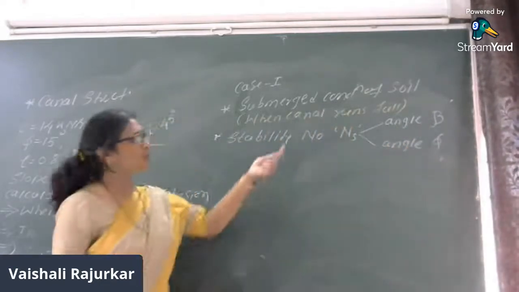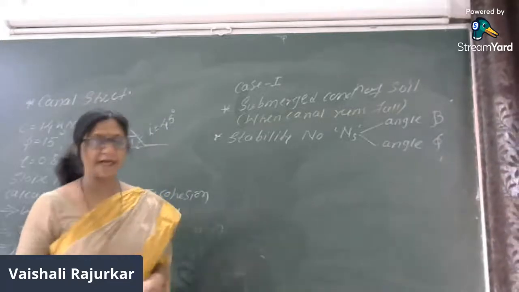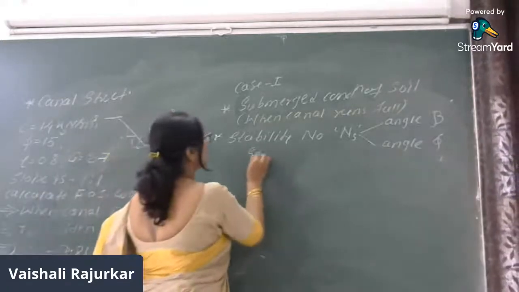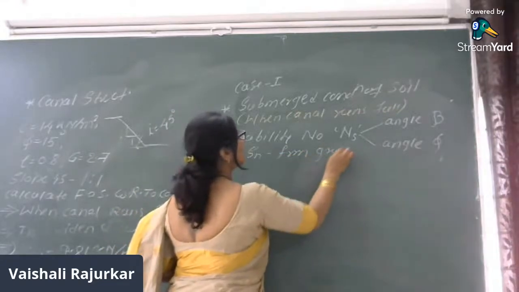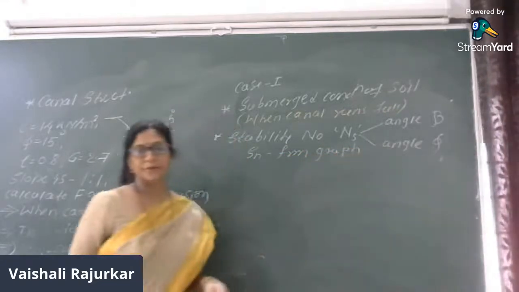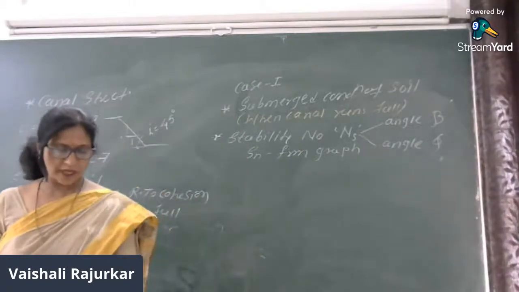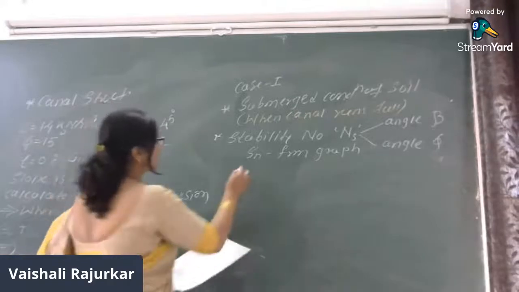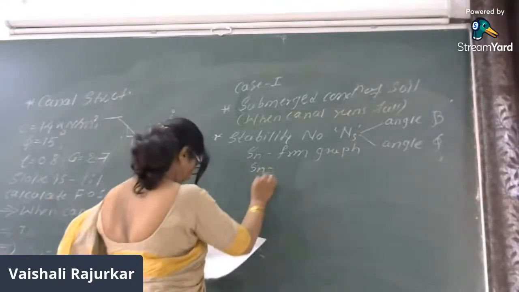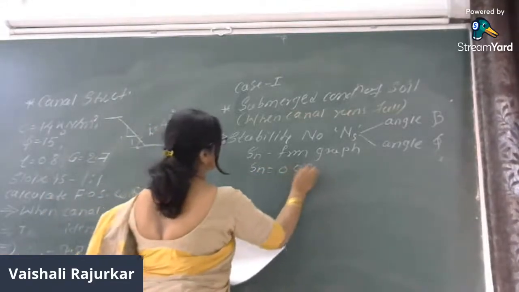So depending upon beta and phi, we will find the stability number Sn from the graph or from the table which is given. For i equal to 45 and phi equal to 15, Sn is found to be 0.083.